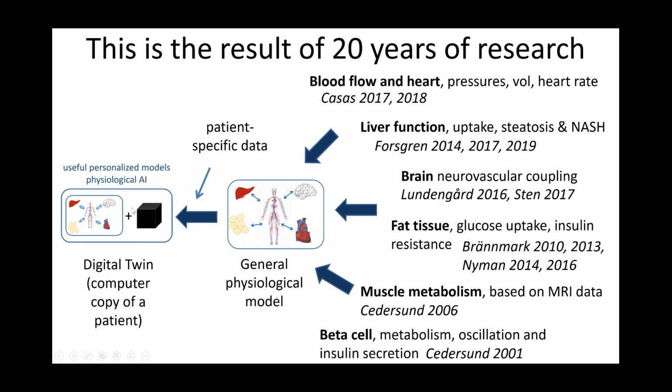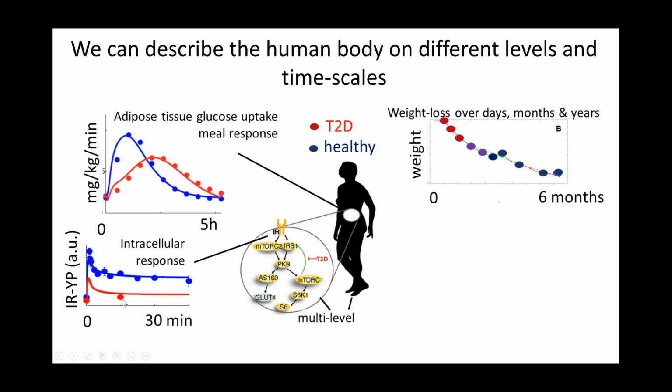And this symbolizes that we have a physiological part, but we also have a statistical part, which comes in different forms. But various types of hybrid modeling technologies are combined to make this into a personalized model. And this hybrid model is the digital twin, so a computer copy of the patient.